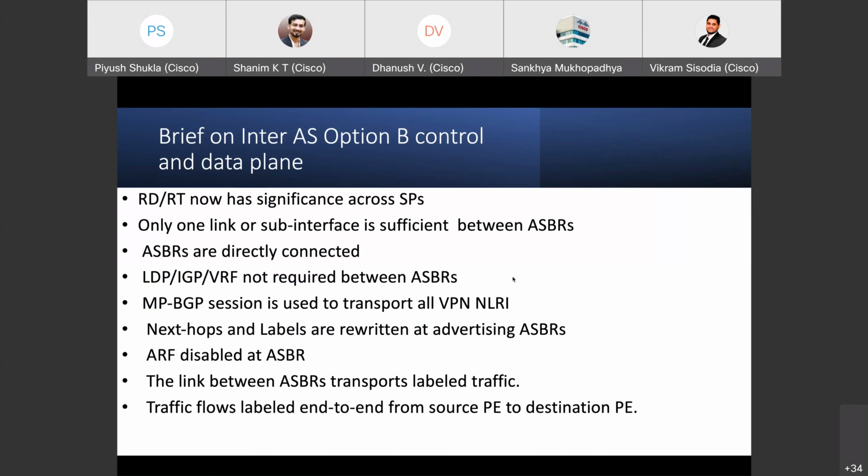Only one link or sub-interface is sufficient. I do not need LDP, IGP, or any VRFs on the ASBRs. And the rest is basically what I said: ARF, or automatic route filtering, should be disabled on the ASBRs, because the routes are not part of any routing table or candidates for any routing table, so that it retains all the information.